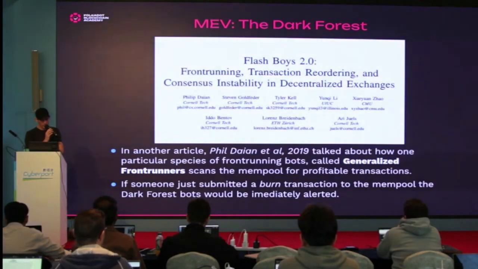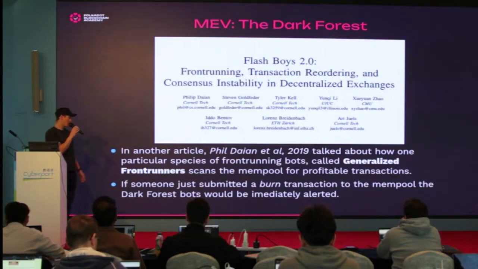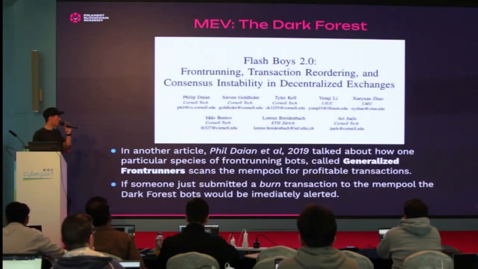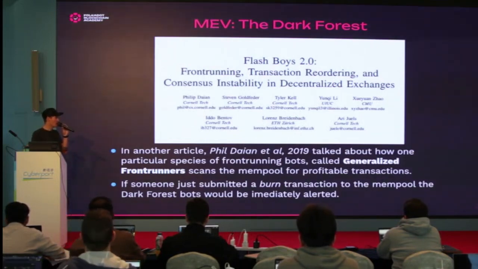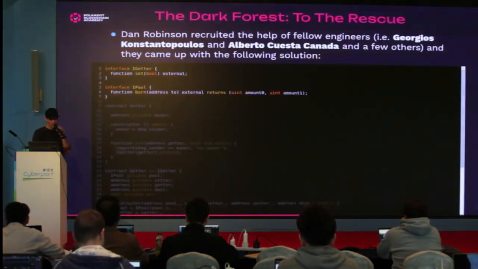They were fully aware of this because of an article written a year before that speculated about the existence of these generalized front runners scanning the mempool. So they had to design a way of obfuscating that burn transaction and rescue these funds without alerting the bots. This is what they came up with.